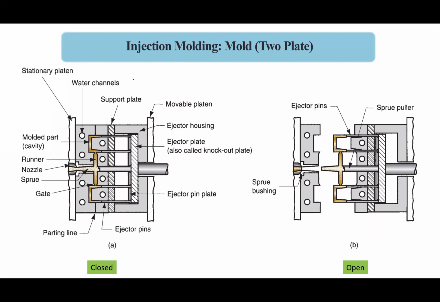All right, the construction of the mold. There are two types of mold actually. Not two types. There are many types, but I'm going to discuss only two types in here. Okay, the first one is two-plate mold. There are only two plates to produce the cavity and to conduct the injection molding process.